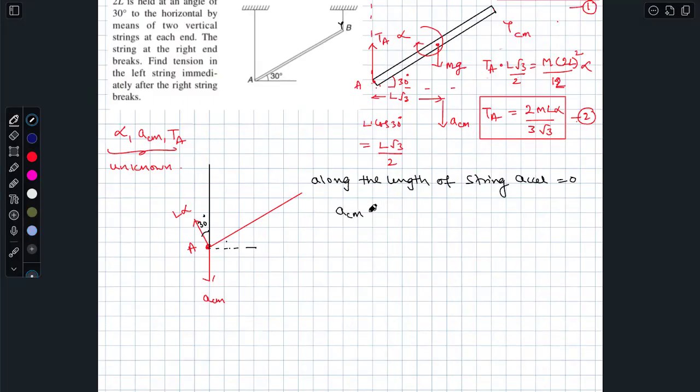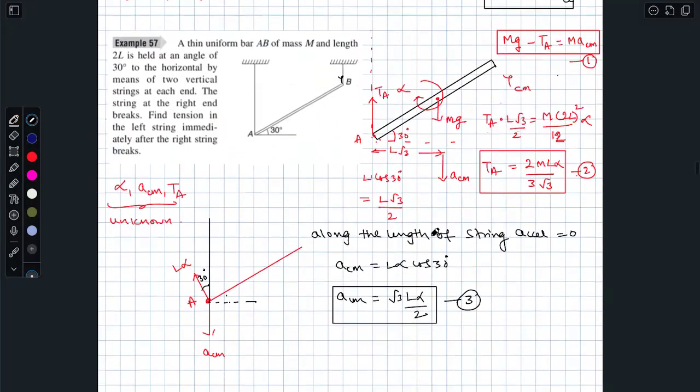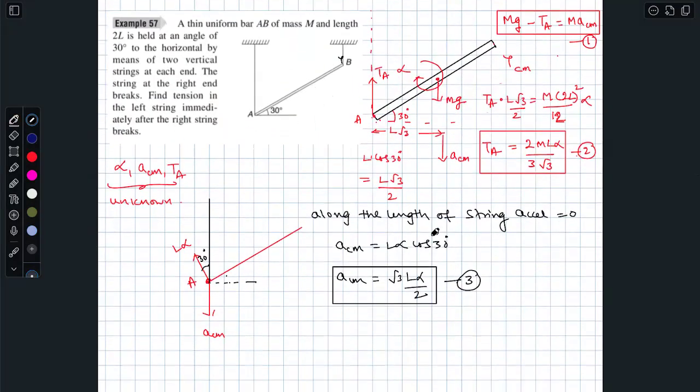So the component of acceleration of C is L alpha cos 30, which is √3 L alpha by 2. So you have the third equation. Now you solve these 3 equations, you will get the required answer, right?